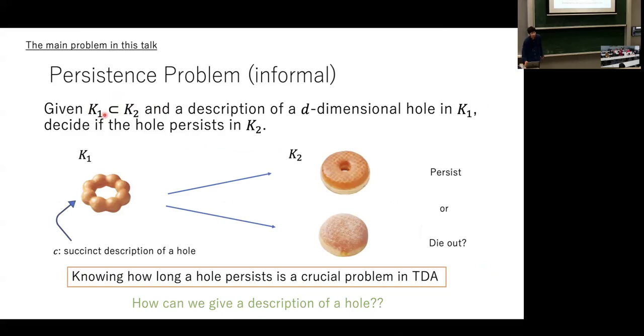Sorry, given what? Like how are you given K1 and K2? Yeah, those are described by graphs. So you are given graph 1 and graph 2, and K1 is the clique complex of graph 1. Like an adjacency matrix? Yeah.